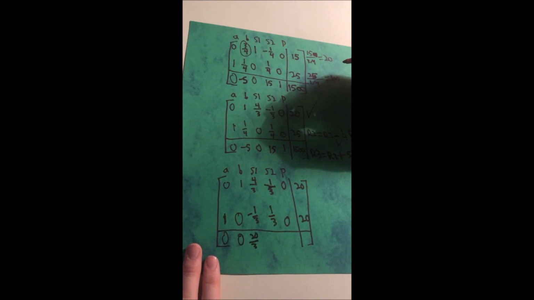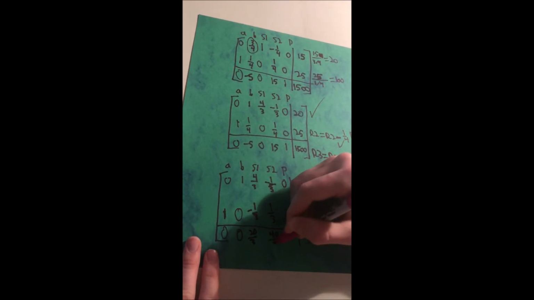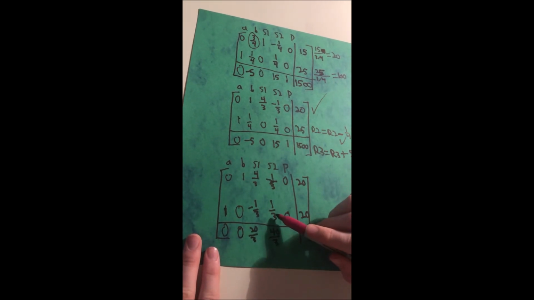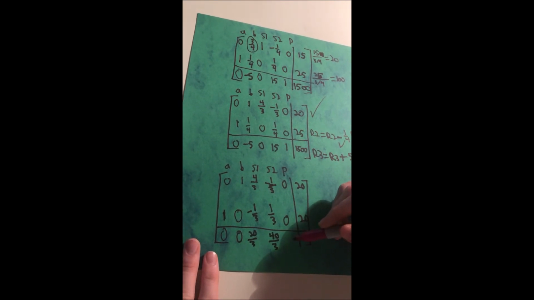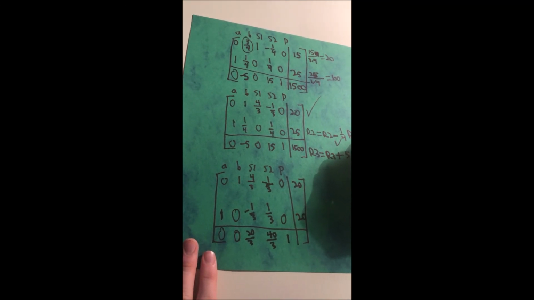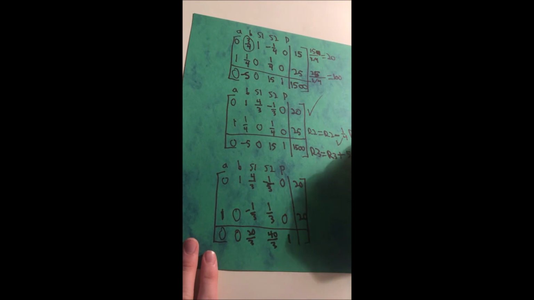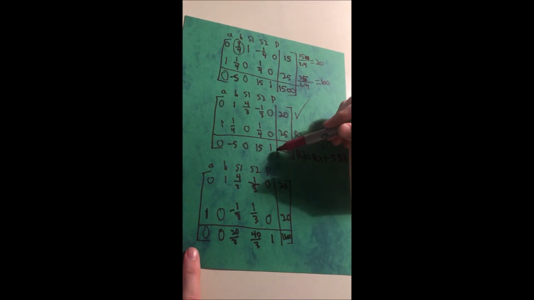That's going to become 40/3, because 1/3 plus, yeah. And then this is 1. And then this is row 3, which is 1500 plus 5 times 20, that's 1600. And we have our 1 down here because row 3 is 1 plus 0, which is 1.